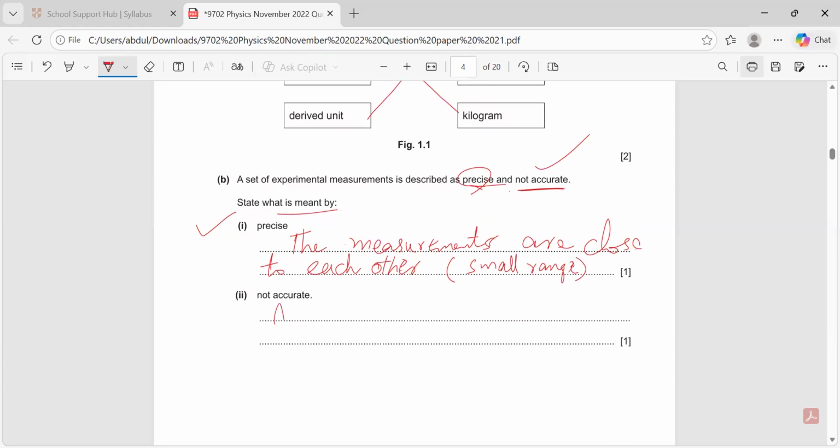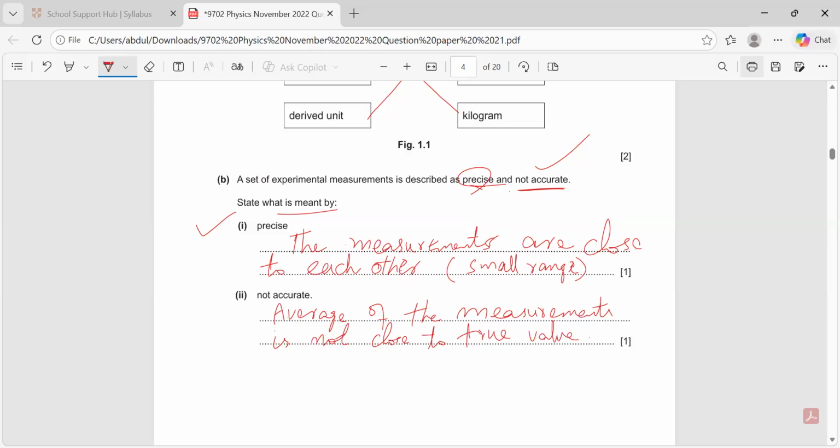So the average of the measured values, the average of the measurements, is not close to the true value.